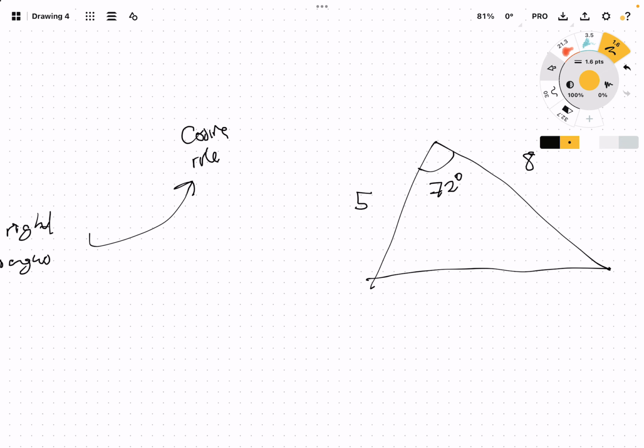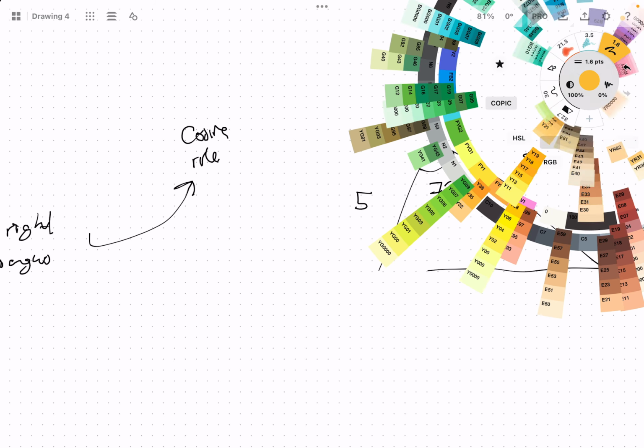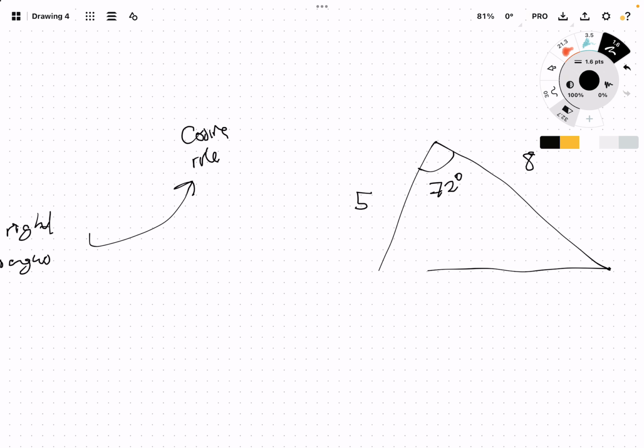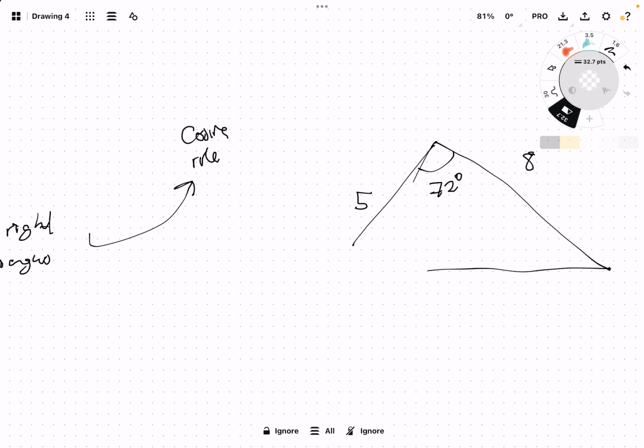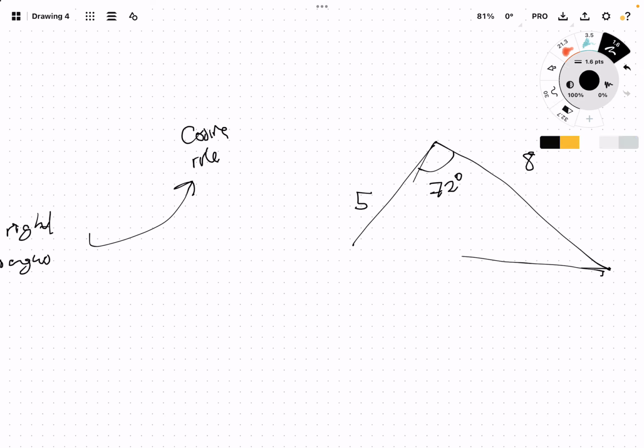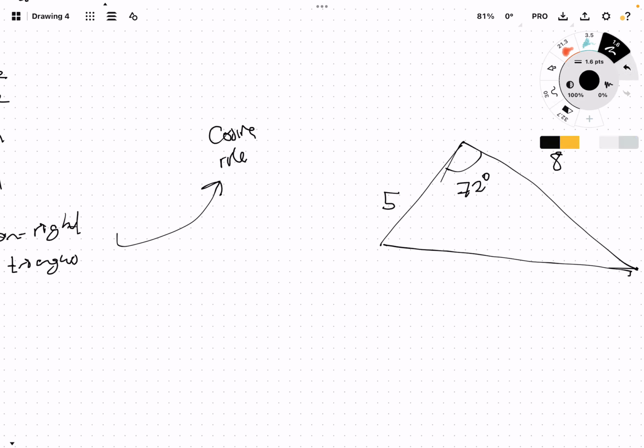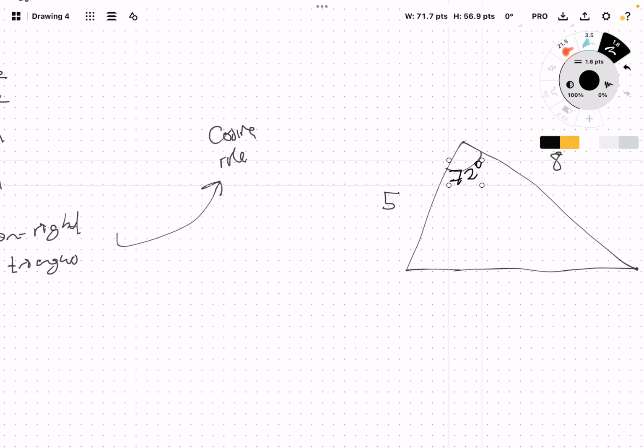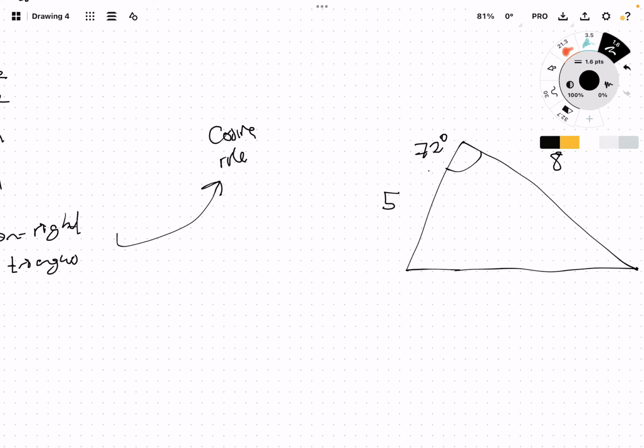Now we're told to find x. Let's go back to what we had. This is 72 degrees here, and we're told to find x. Now our first thought should be, well, it's a non-right triangle, so we should try to use the sine rule.